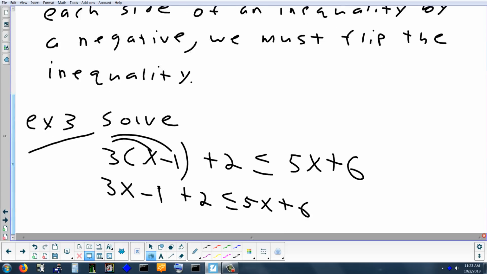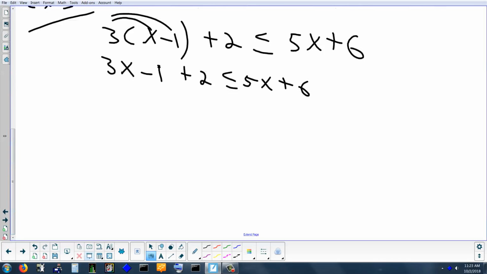So now after you distribute, if there are any like terms, combine those. Negative 1 plus 2 gives me... That should be negative 3 now. Oh yeah, that would be a problem. So make sure you actually do what I wrote, which is to distribute. And now negative 3 plus 2 gives me a negative 1. Now, if we solve this problem correctly, we can avoid having a negative number in front of x.